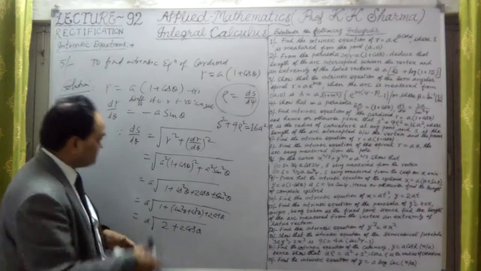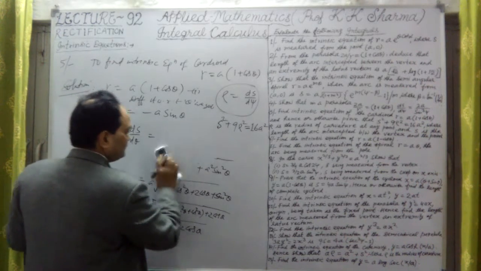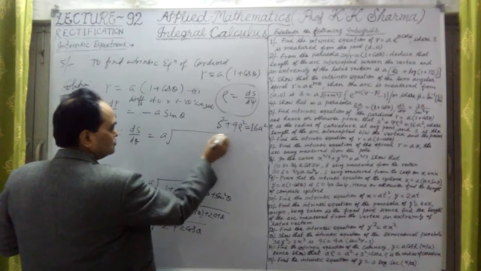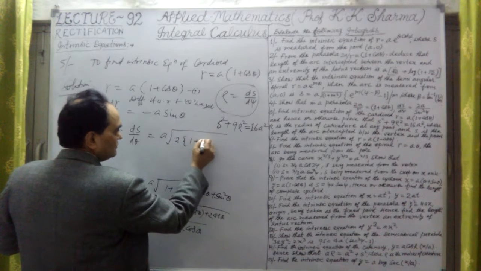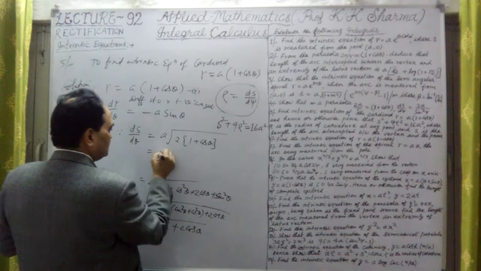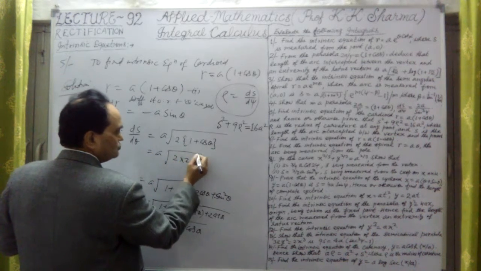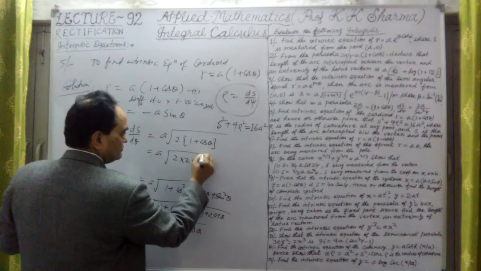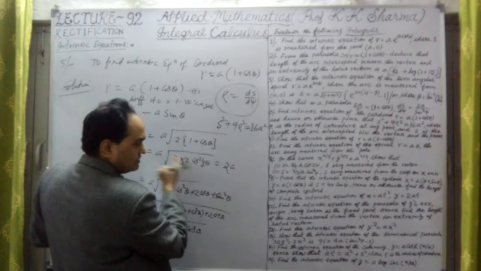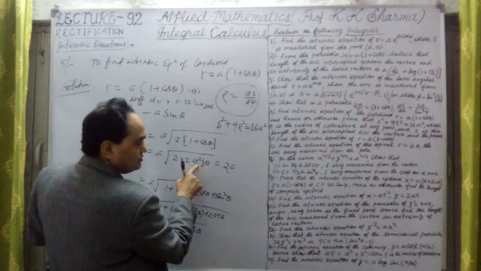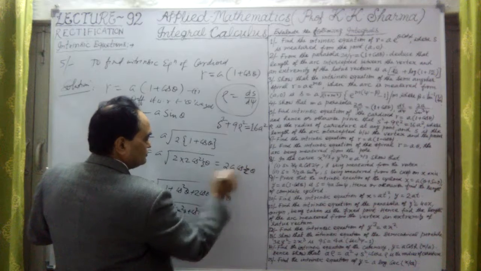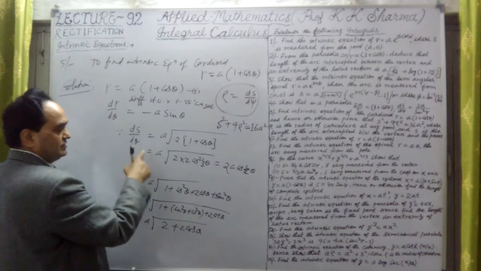So ds upon d theta will be a under root, taking 2 common, 2 into 1 plus cos theta. This gives 2 into 2 cos square half theta. Try to understand. So it gives twice a, and 2 can be taken out of the square root, and cos square half theta is there, so it is cos half theta only. The square root is cancelled out. This is the ds d theta value.